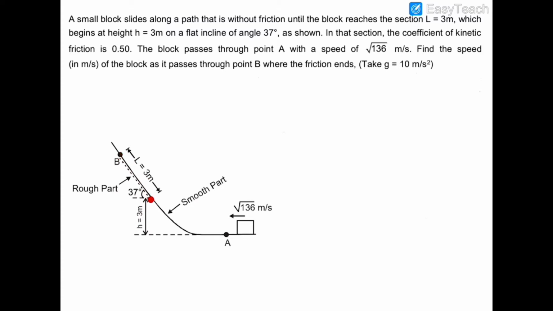So in this part AB, friction is present and the coefficient of friction is 0.5. Now we have to find the velocity of the block when it reaches the point B. Let's suppose this velocity of the block is V. The initial kinetic energy of the block was half m v squared.